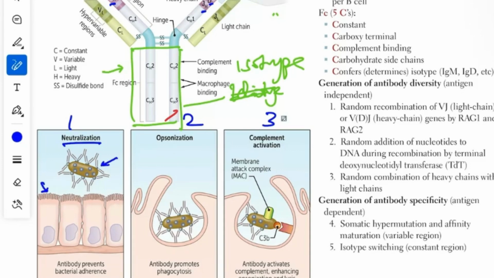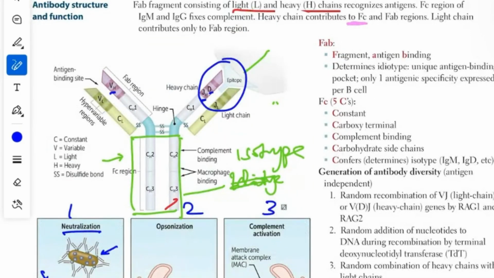You can see it's coated by the antibody. That's the Fab part of the antibody, preventing it from interacting with the cell so that it can't go through the mucosa of the body. And so neutralization is carried out by the Fab part of the antibody, right?